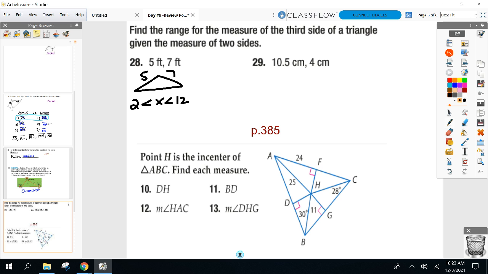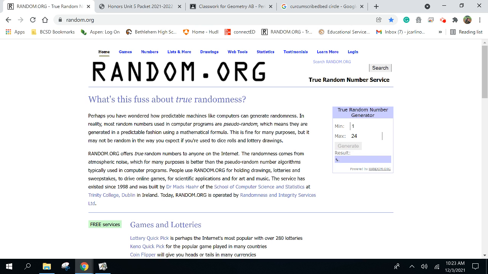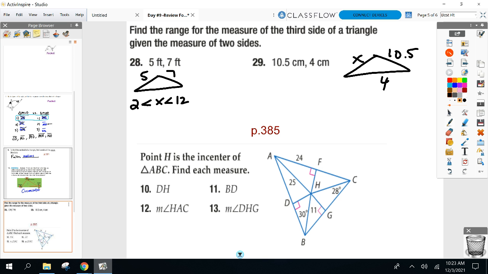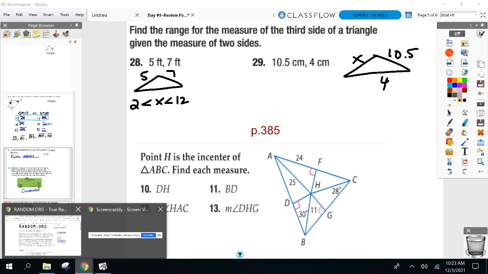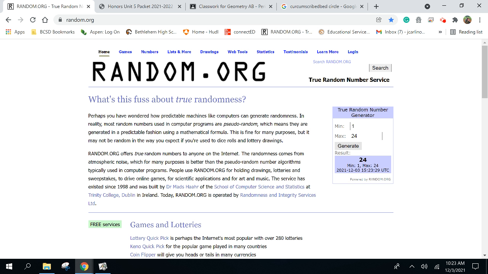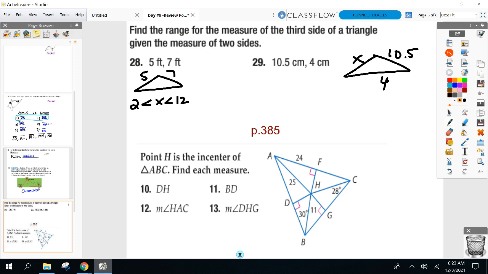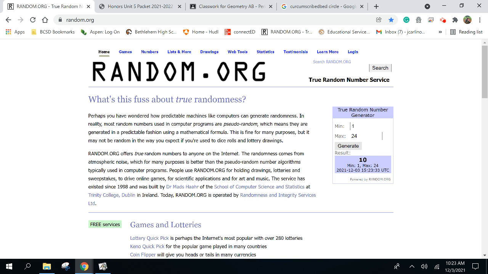Now 10 and a half and 4. What's my range of possible third side? Between what and what?